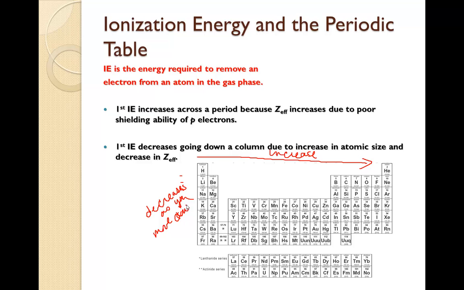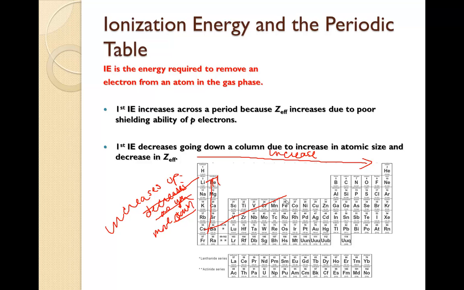Now, let's make it all apples to apples, and we're going to reverse this and say it increases as you move up. So it increases up and to the right.